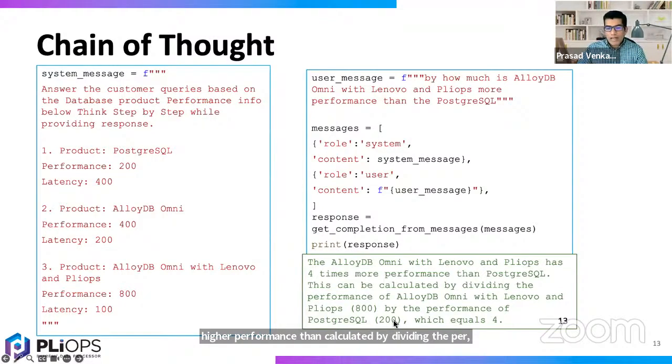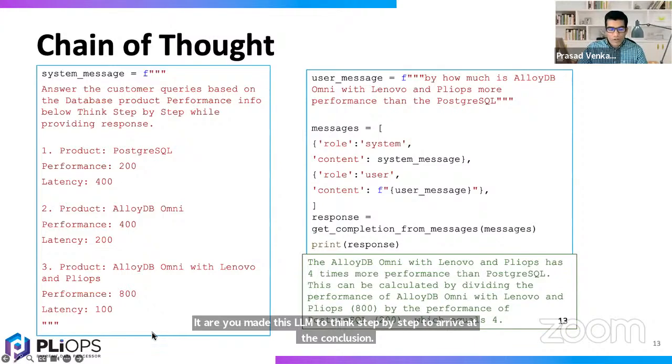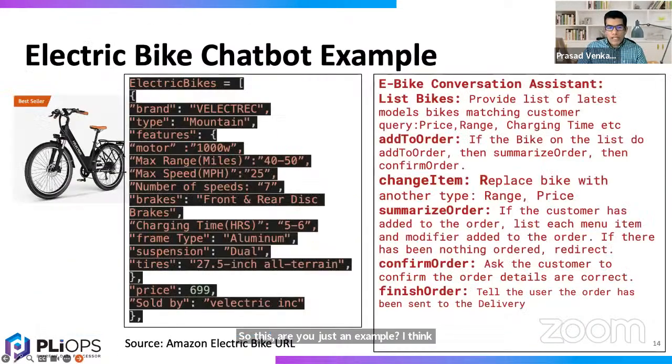Though the model doesn't know all these parameters, what AlloyDB Omni is, what the Lenovo solution is, and what the performance is, by providing this as a kind of chain of thought, you made this LLM think step by step to arrive at the conclusion. I used it in this example, and I think you can perfectly use it for various other cases.